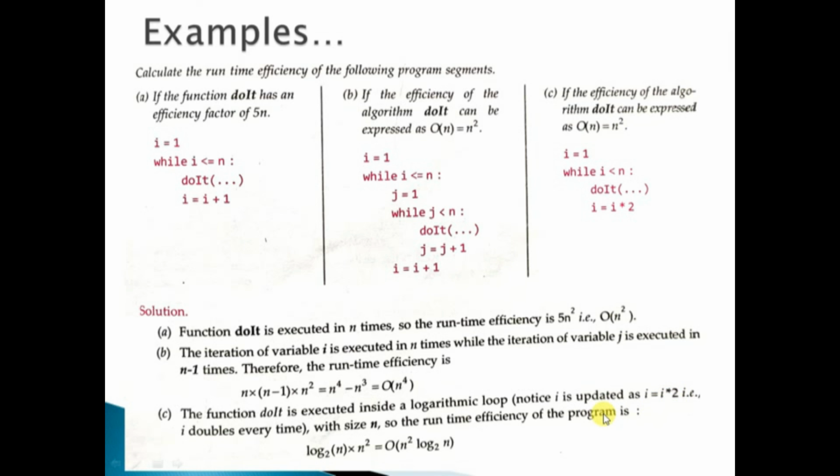That is, i is doubling every time. So how do we calculate the complexity of it? It will be log 2 n into n square. So n square is the complexity of this doIt, and this whole loop will require log n base 2 complexity. So the multiplication becomes log 2 n into n square, that is order of n square log n. So these are the examples through which you can understand the process to calculate complexity.